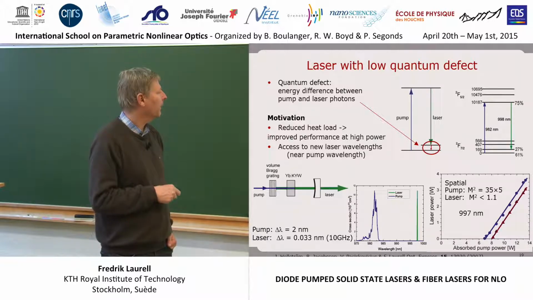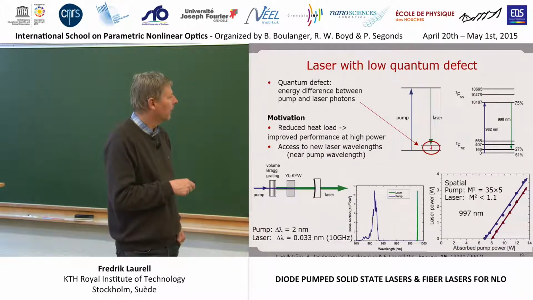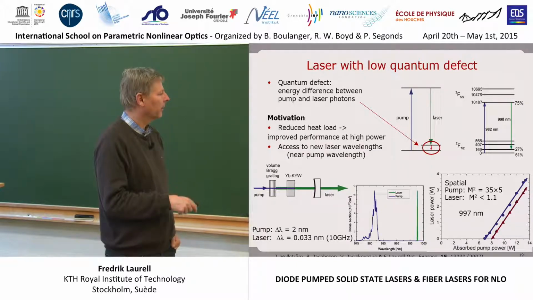So you can pump through the VBG here, and the VBG doesn't distort the pump. You don't need an isolator or anything. And then you have the cavity here between this mirror and that mirror. Here is an example of the lasing wavelength, and here is the pump light. So they are very close.